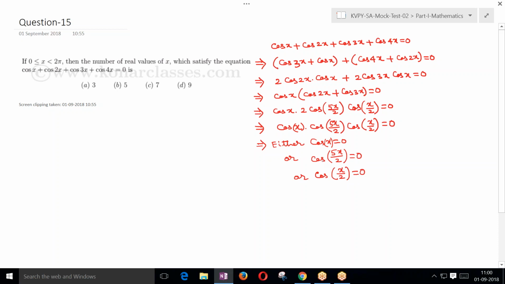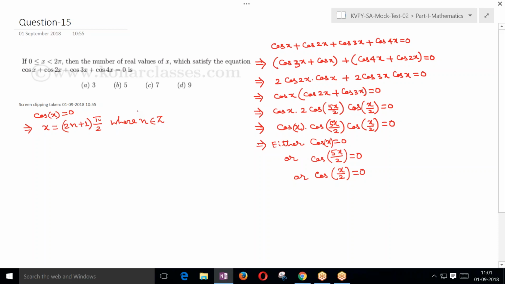That is the conclusion. Now let's see if cos x equal to 0, how we can find the solution. So here I am writing it, cos x equal to 0. From the knowledge of trigonometric equations, if cos x equal to 0, then we can write x is equal to (2n plus 1) into pi by 2, where n belongs to Z. That is the general solution of cos x equal to 0.